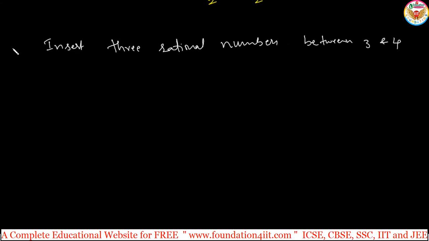According to the method, the given numbers are 3 and 4. If you want to insert one number, first let us find one number in between. That is 3 plus 4 divided by 2.